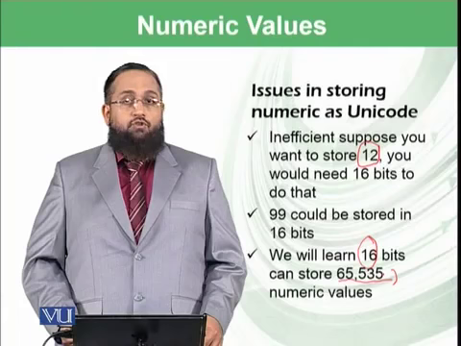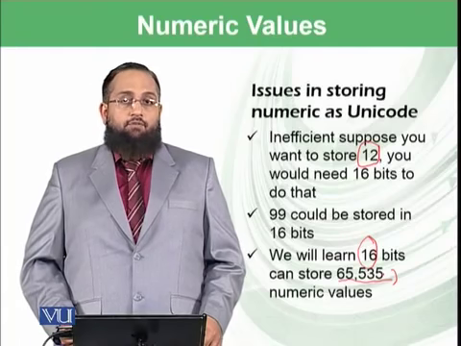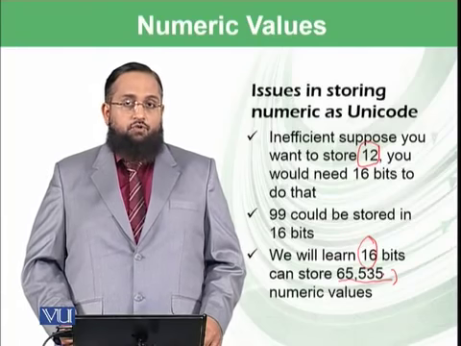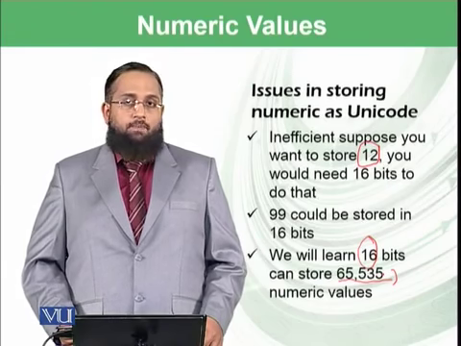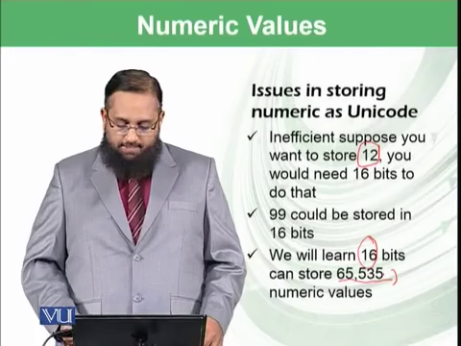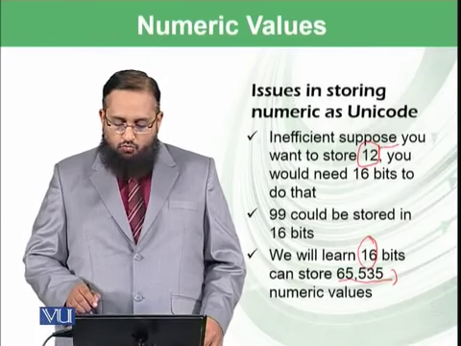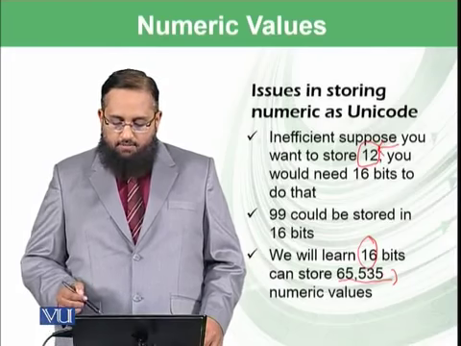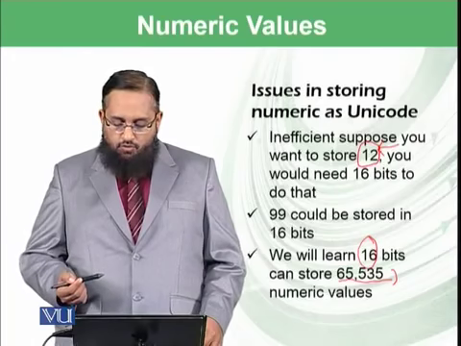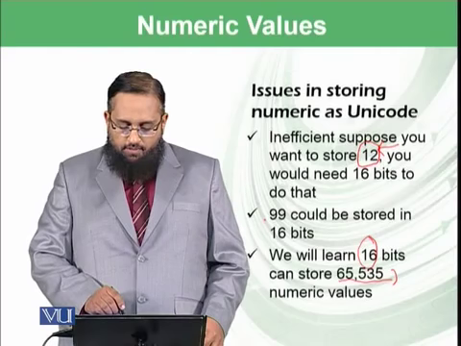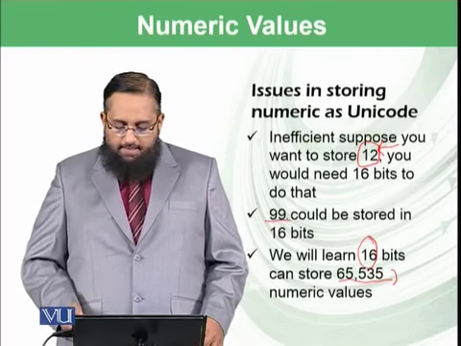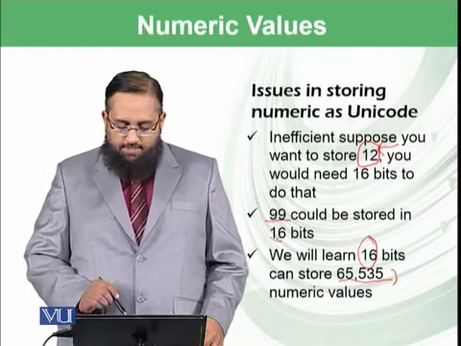If we use only the textual information storage approach here, we would be taking 2 bytes to store 2 digits. So this means that we could store 99 in the 16 bits.